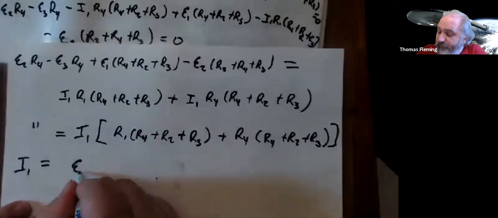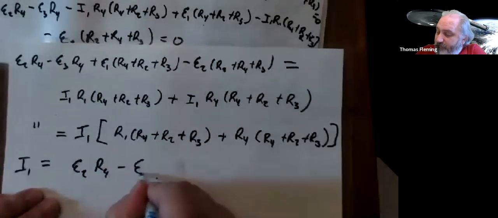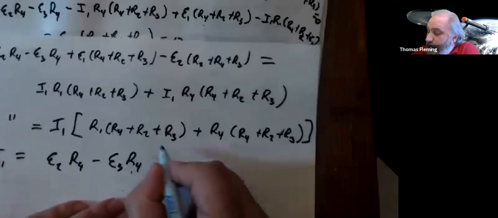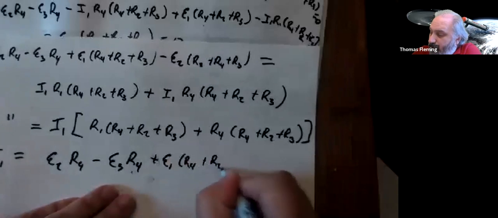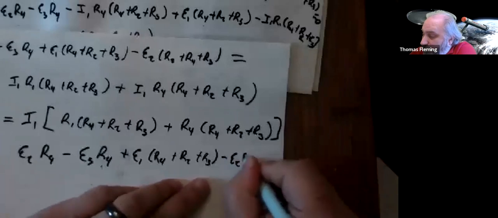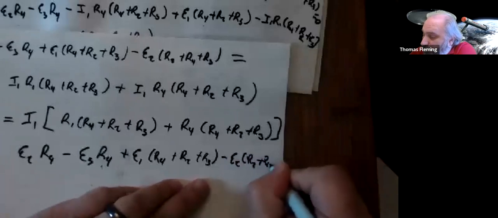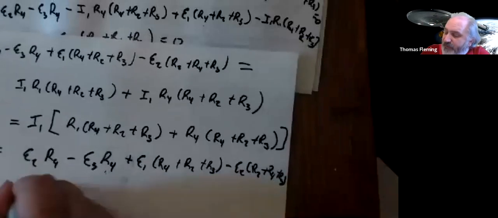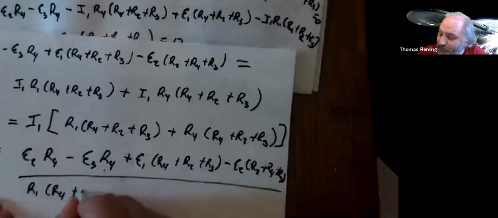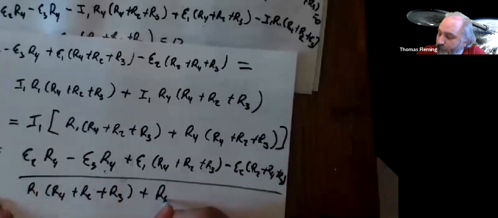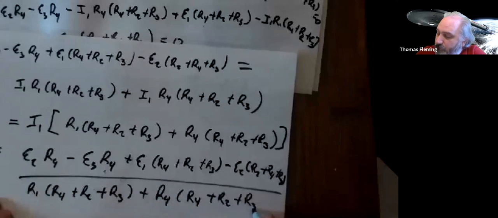EMF2 R4 minus EMF3 R4 plus EMF1 R4 plus R2 plus R3 minus EMF2 times R2 plus R4 plus R3, all of that over R1 times R4 plus R2 plus R3 plus R4 times R4 again plus R2 plus R3.